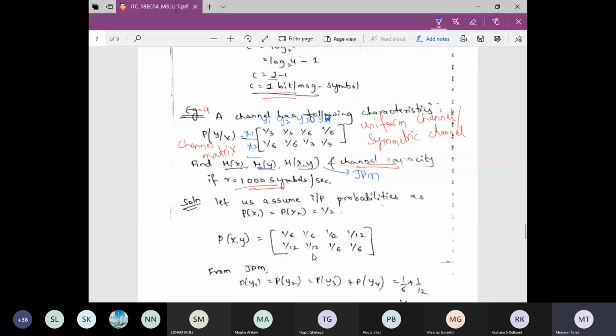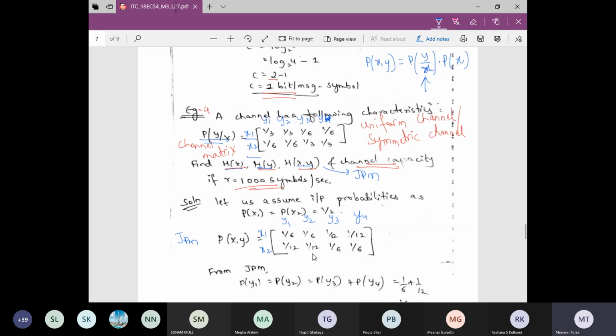So now we need to convert this channel matrix to JPM. JPM is represented as P of x comma y. We have two input symbols, 4 output symbols. So we know that P of x comma y can be computed as P of y by x into P of x.